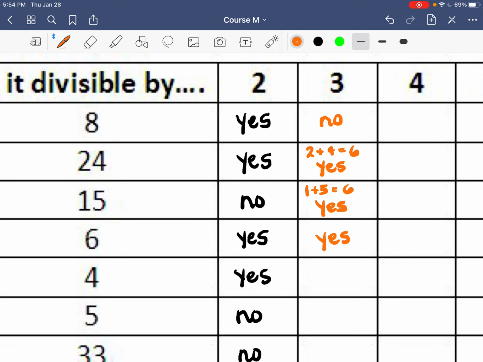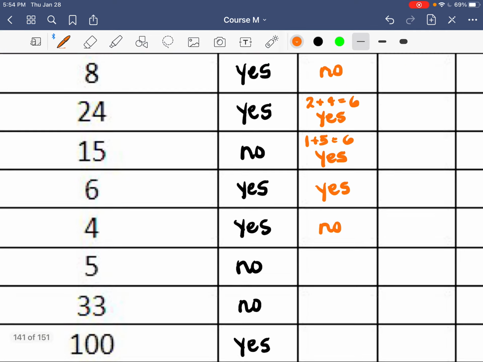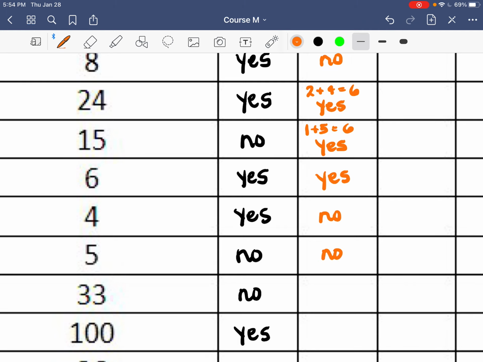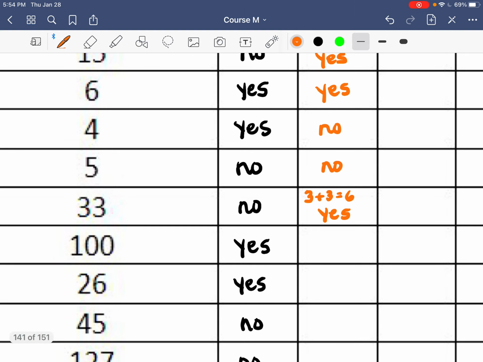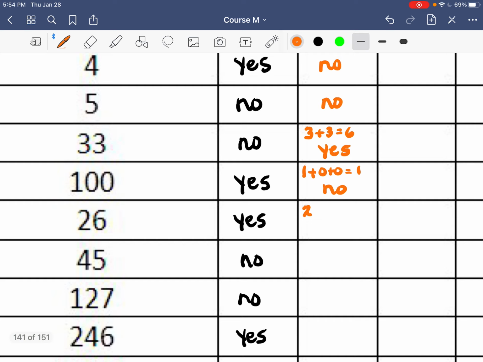The 4 you cannot. The 5 you cannot. 33. 3 plus 3 is 6, and 6 is divisible by 3. 100, I would add 1 plus nothing plus nothing. That's 1, and that is not divisible by 3. 2 plus 6, that is 8, and that is not divisible by 3. 4 plus 5 is 9.